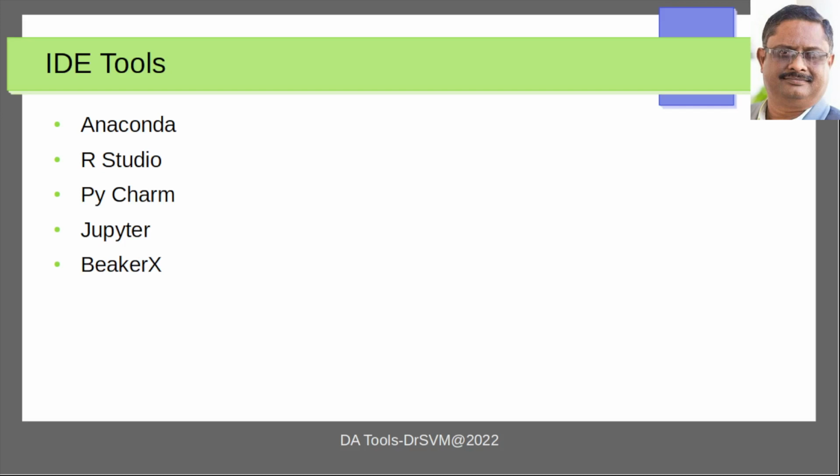So instead, it would be better if we use RStudio. That's an integrated development environment tool mainly defined for R, but it can work with many programming languages. So another important IDE tool is RStudio.